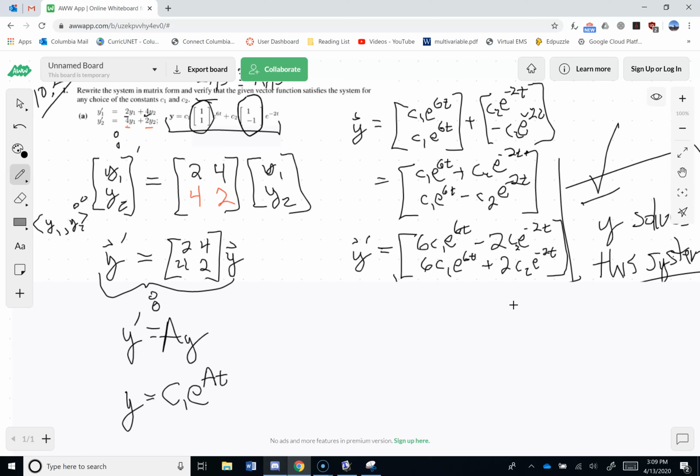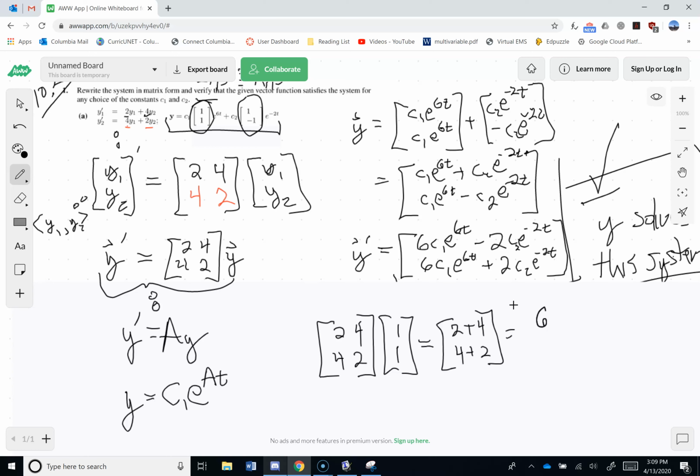So if you take your matrix here, your 2, 4, 4, 2, and you think about what happens when you multiply that by the vector 1, 1, you get out 2 plus 4 and 4 plus 2. And that's 6 and 6, right? Which is 6 times what you started with. And you guys see that?